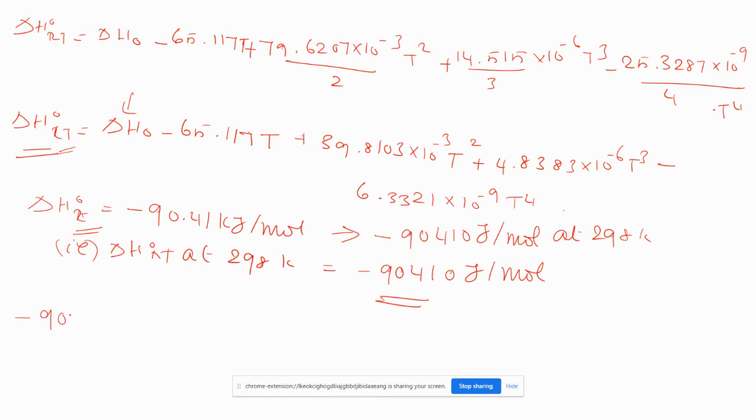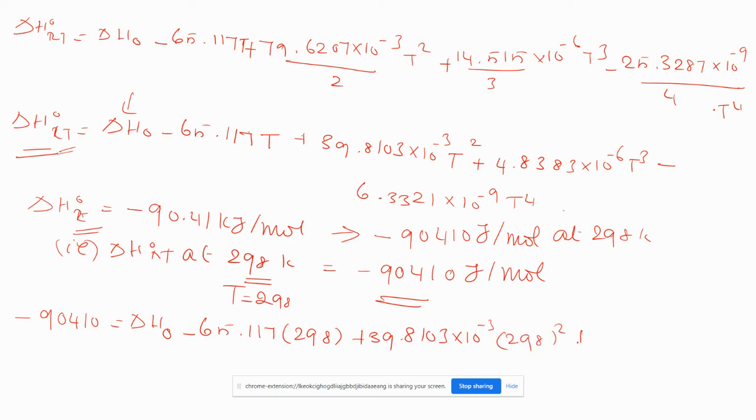So you will get minus 90410 is equal to del H0 and T is equal to 298, and substitute T is equal to 298 minus 65.117 into 298 plus 39.8103 into 10 power minus 3 into 298 square plus 4.8383 into 10 power minus 6 into 298 cube minus 6.3321 into 10 power minus 9 into 298 power 4.